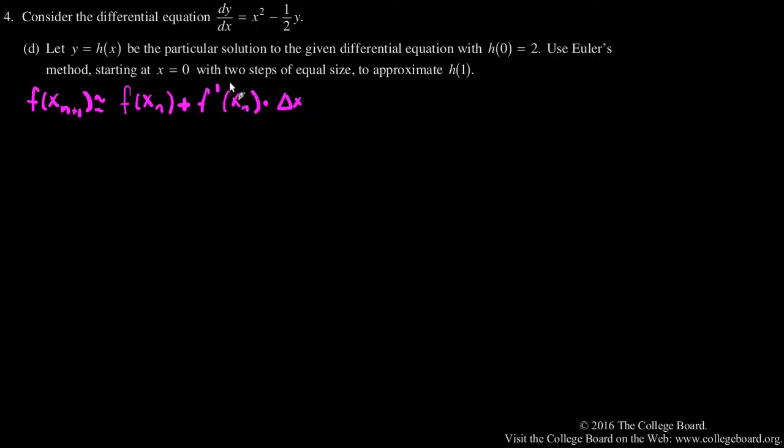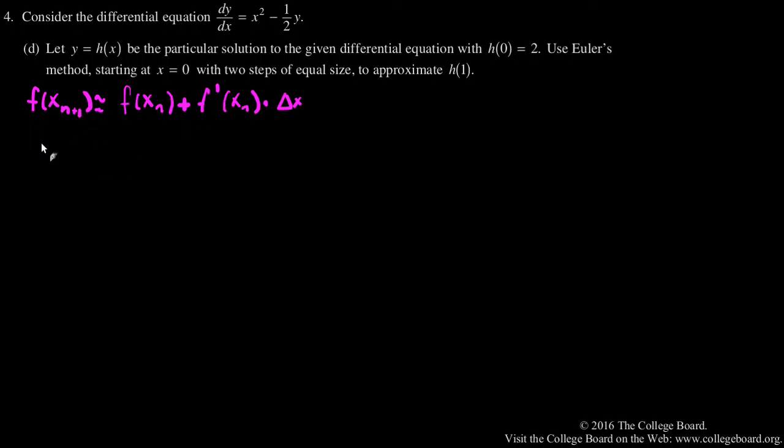So this is approximately change in y over change in x, or change in f over change in x. This is change in x, so this will be approximately the change in y, or f. And so we have our current f value plus the change in f value gets me my next f value.